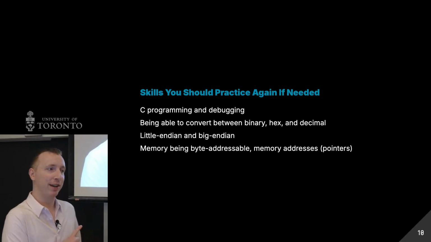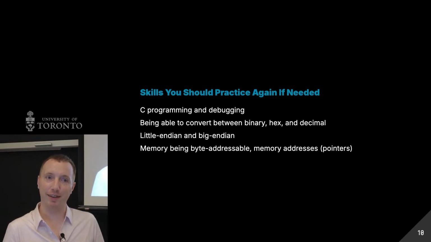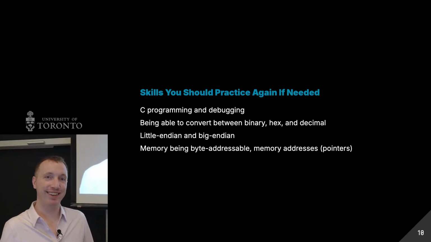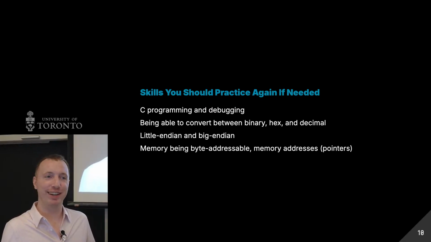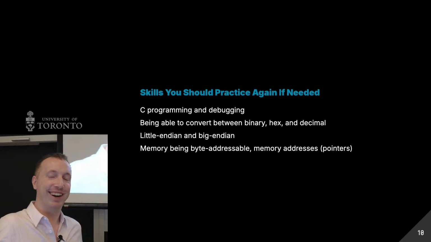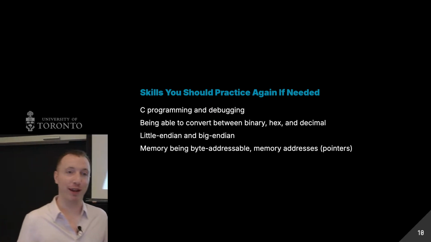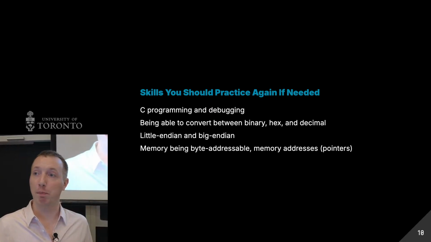Memory is just byte addressable, and you should know that a byte is how many bits? Anyone? 8. I heard someone start saying 7. That's not good. All right, 8 bits to a byte, and memory is byte addressable. That means you can address 1 byte at a time.